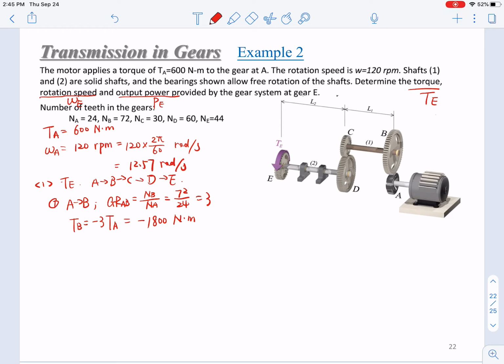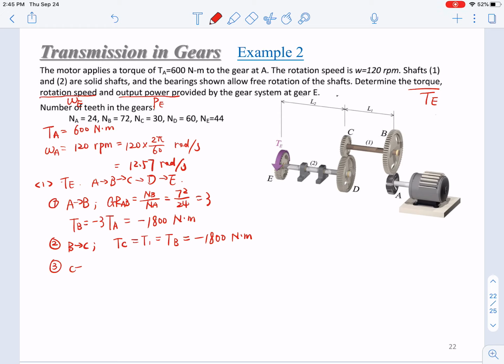Right, then the second step, B to C. Since they are connected by shaft 1, we will get TC equals T1 equals TB. That is negative 1,800 Newton meter.